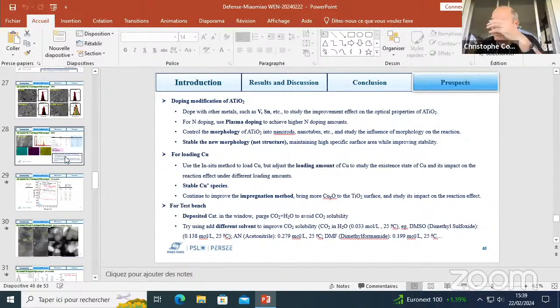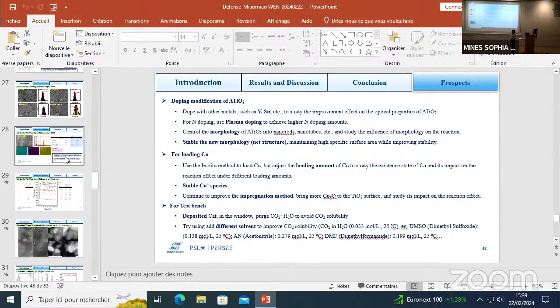Okay, and copper. Copper is not easy. Why, for example, didn't you choose platinum? Platinum is a good catalyst for every reaction, it can catalyze every reaction.